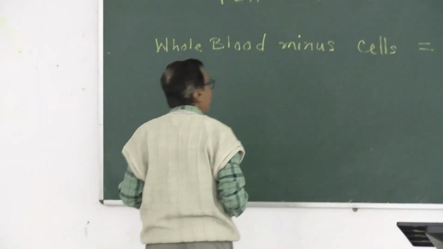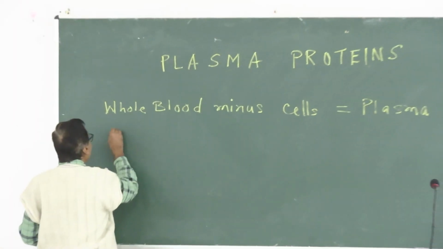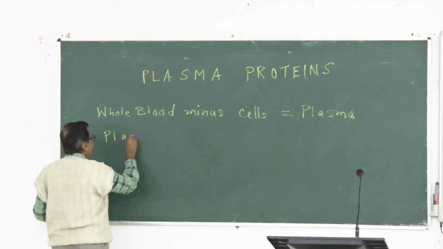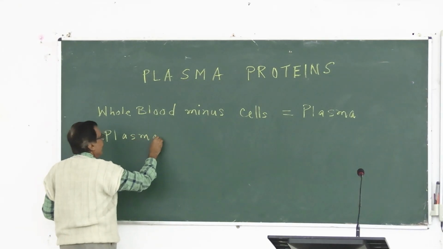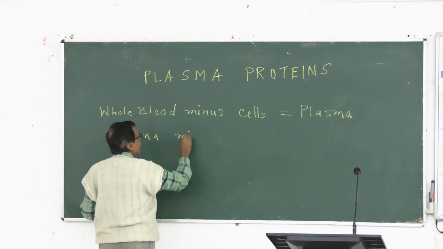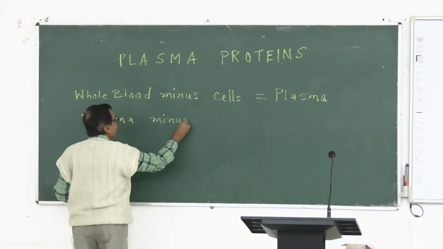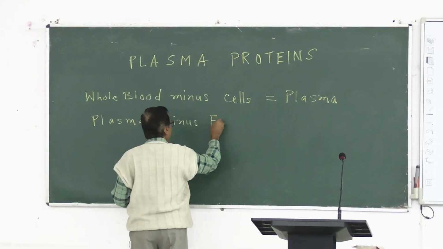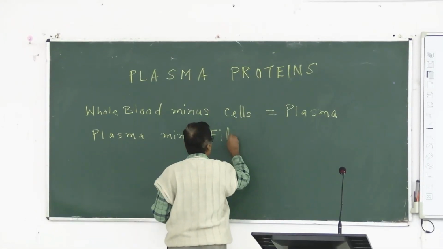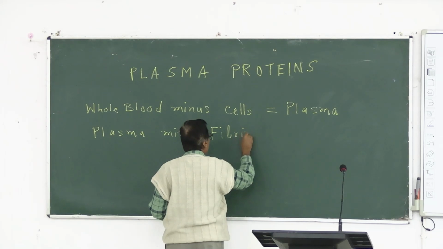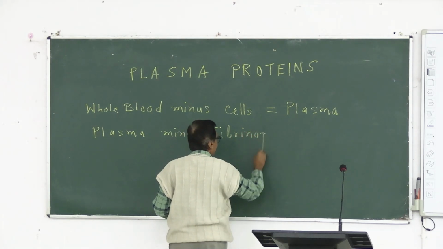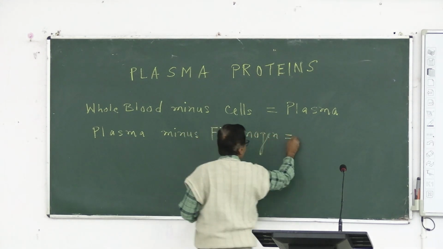Plasma minus fibrinogen, a plasma protein that is a clotting factor, is equal to serum.